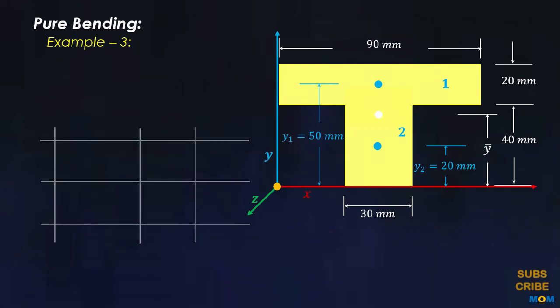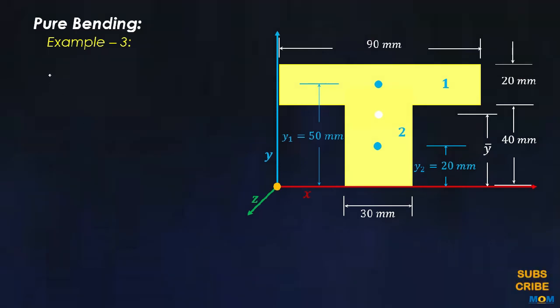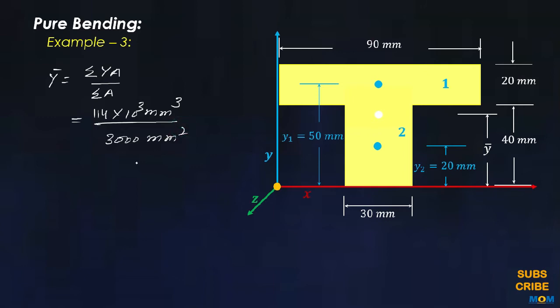Now using these values in the expression, that is y bar is equal to summation of product of individual centroid into area upon summation of area, so that is 114 into 10 raised power 3 millimeter cube upon 3000 millimeter square.